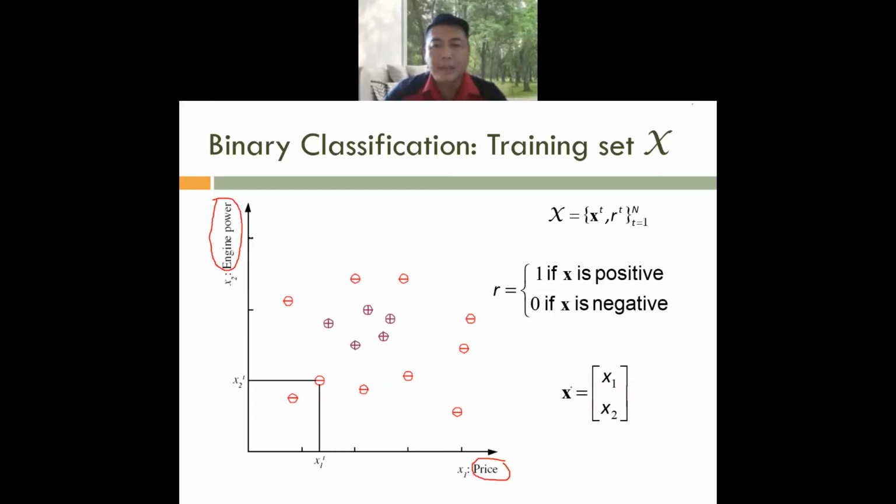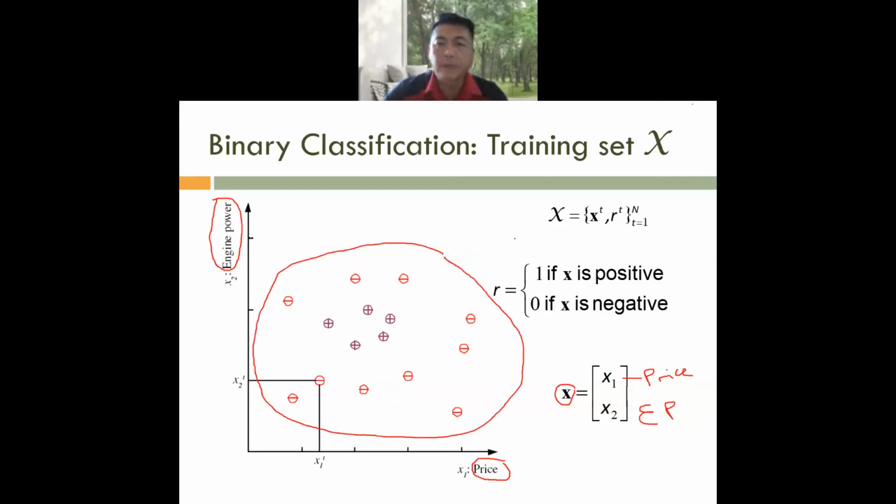Each sample is represented by x1 and x2, where x1 is the price and x2 is the engine power. This is all the samples that we have. This is x, the sample.